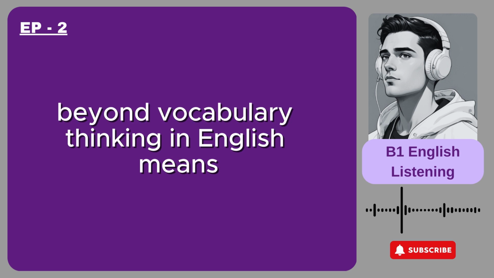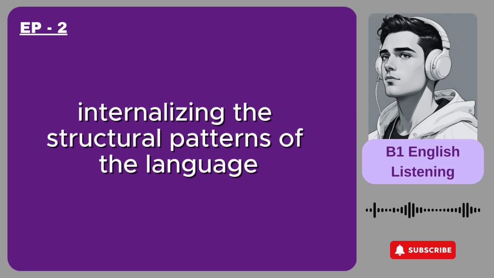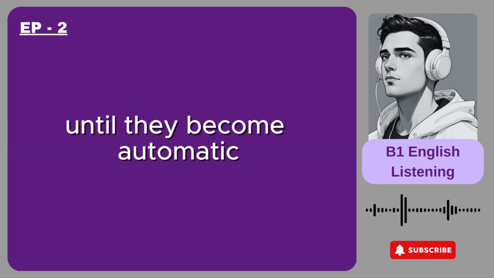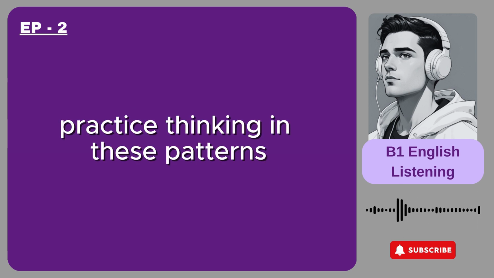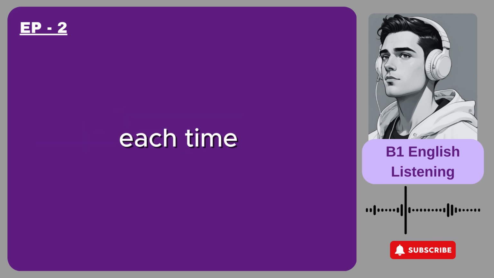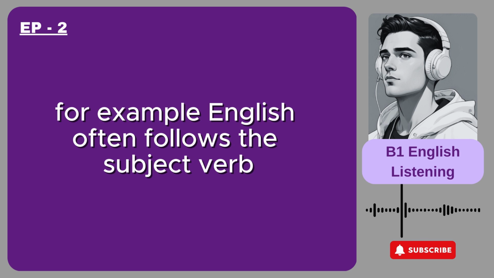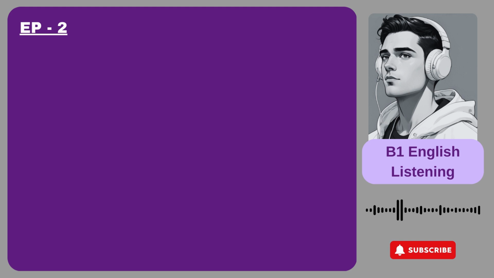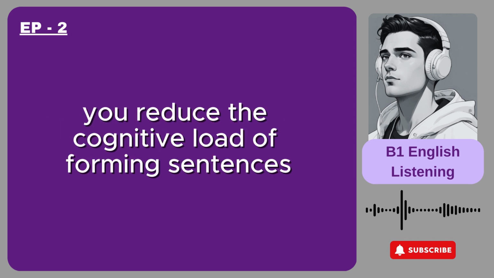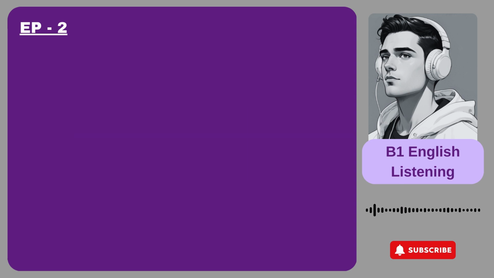Beyond vocabulary, thinking in English means internalizing the structural patterns of the language. Focus on mastering common English sentence structures until they become automatic. Practice thinking in these patterns rather than constructing sentences from scratch each time. For example, English often follows the subject-verb-object order. By internalizing these patterns, you reduce the cognitive load of forming sentences.